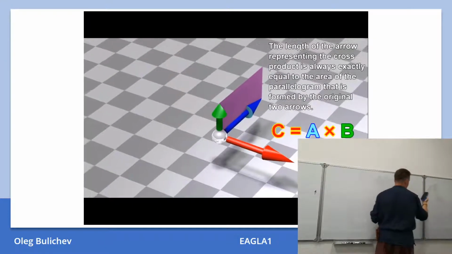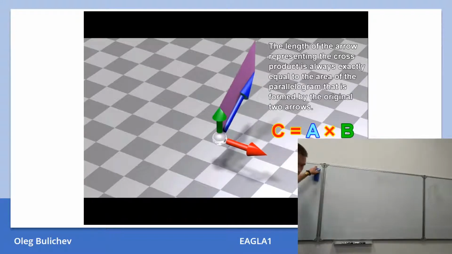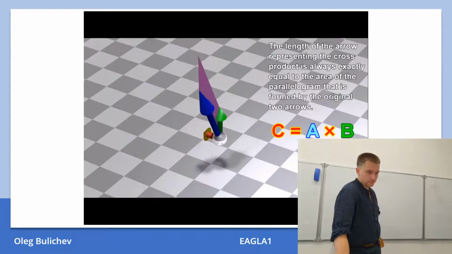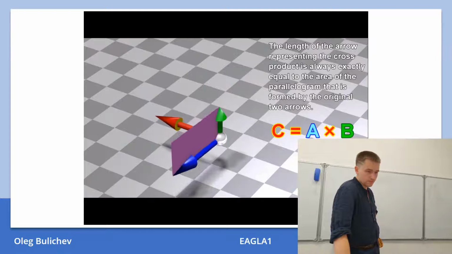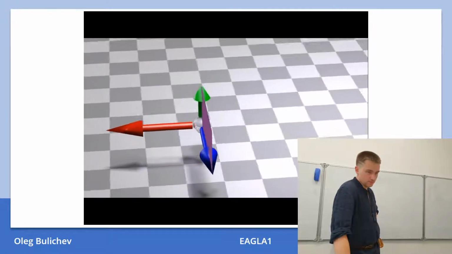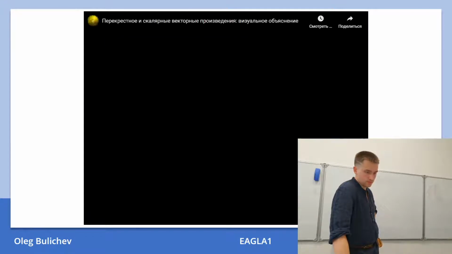The length of the arrow representing the cross product is always exactly equal to the area of the parallelogram that is formed by the original two arrows. The cross product of two arrows plays a critical role in.